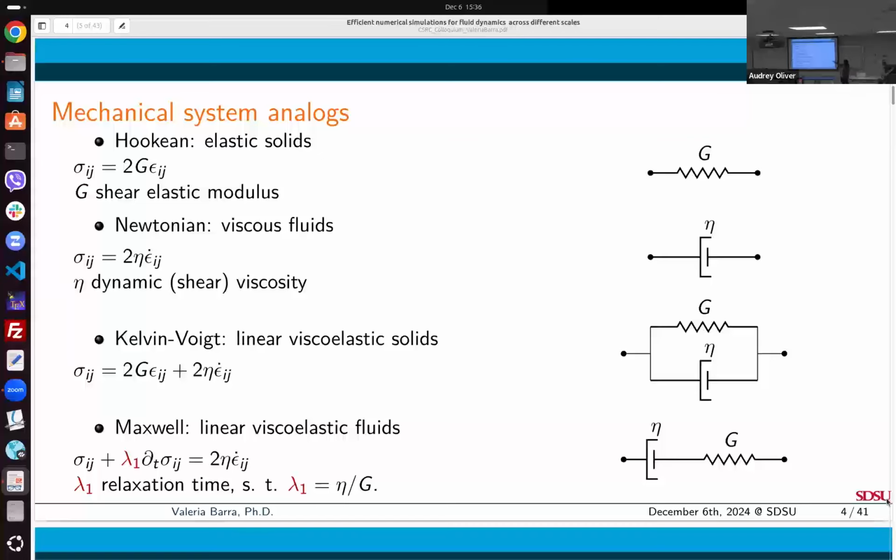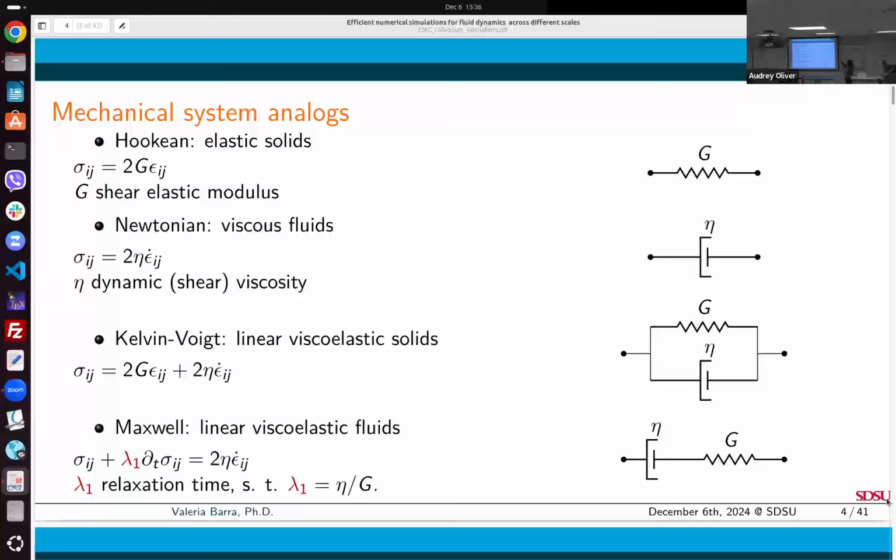The relationship is still linear in the viscous, Newtonian case. We have the stress tensor equal to 2 eta times the strain rate, where eta is the shear dynamic viscosity. This is represented by a dashpot, which is an energy dissipating device.